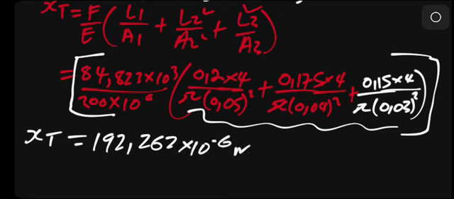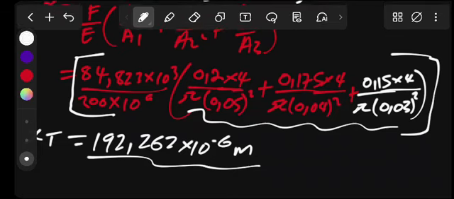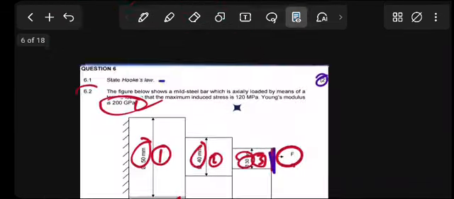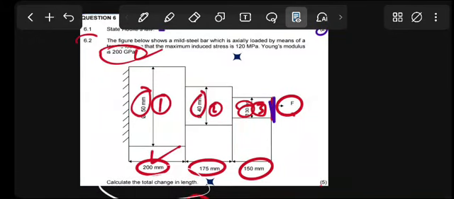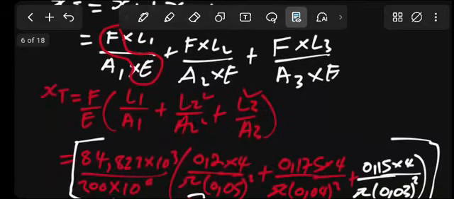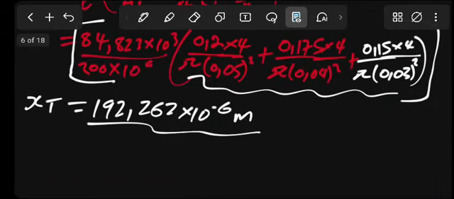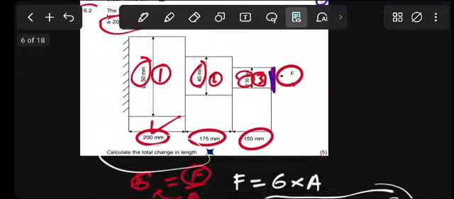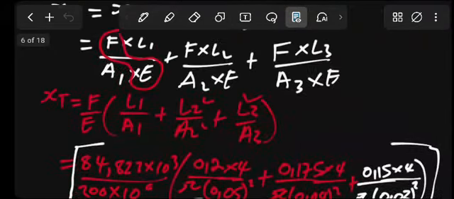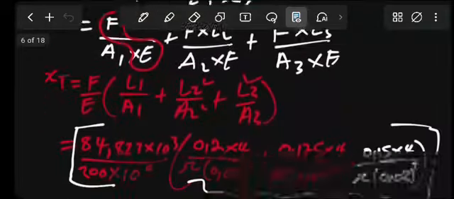This is what it is in meter. That is our total extension. Right. The total change in length is that, guys. That is what we have, the total change in length. All right. So this is what we have in this typical question. This is what we have so far.